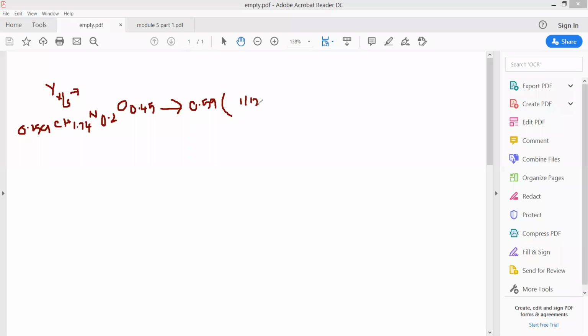Don't forget this 0.59 into 1 into 12, plus 1.74 into 1, plus 0.2 into 14, plus 0.45 into 16. In the same way, you have to find for all the things and then you can substitute. Then you will get the answer.